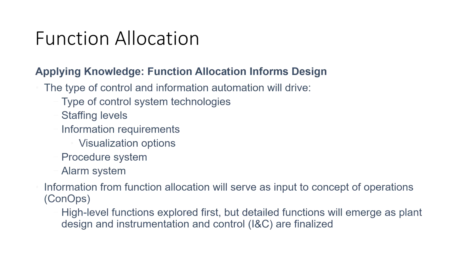That's kind of a specific trade term in certain disciplines. You'll hear that a lot in nuclear and certain industrial spaces, less so in other domains, but the concept is still present in other domains even if it's not called that. So high level functions are explored first, but detailed functions will emerge as the plant design and INC are finalized.